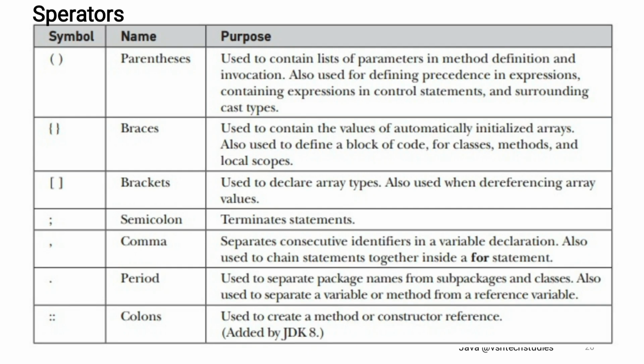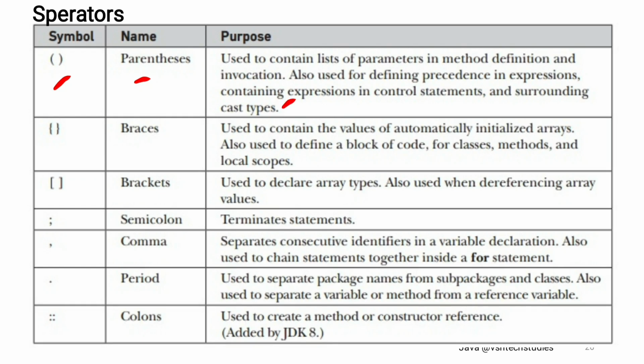The parenthesis is used to contain the list of parameters in method definition and invocation. Also used for defining precedence in expressions, containing expressions in control statements and surrounding cast types.